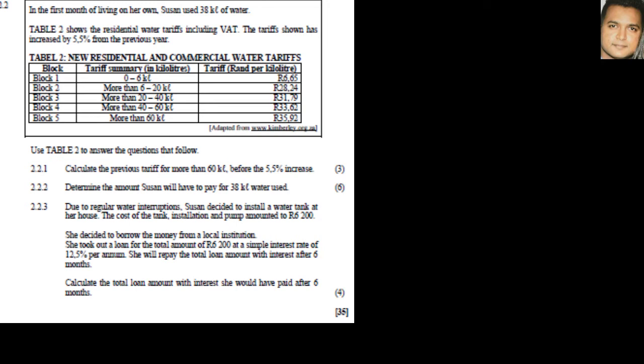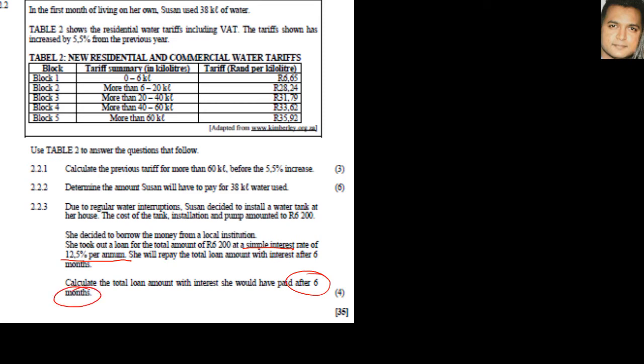Some of the things that we can highlight on this question is that the interest is simple interest. That's fairly straightforward. It's the same interest every year, and it's 12.5% per annum, but the question wants us to do it in terms of 6 months.